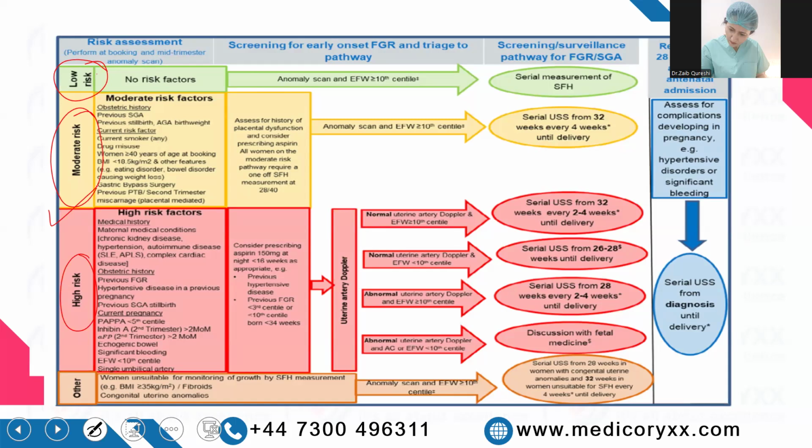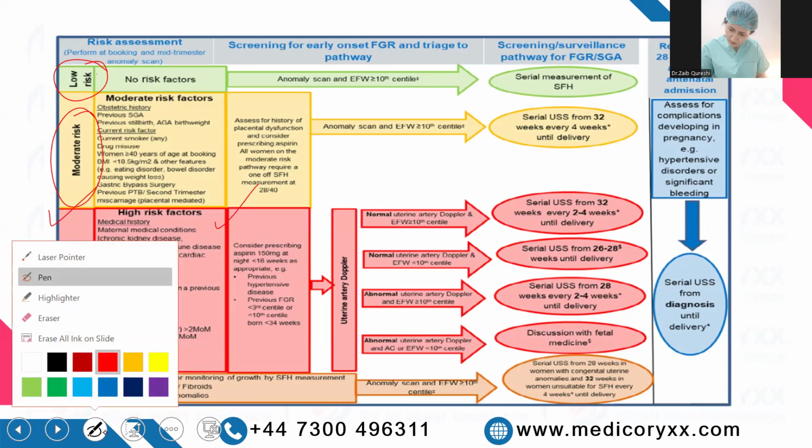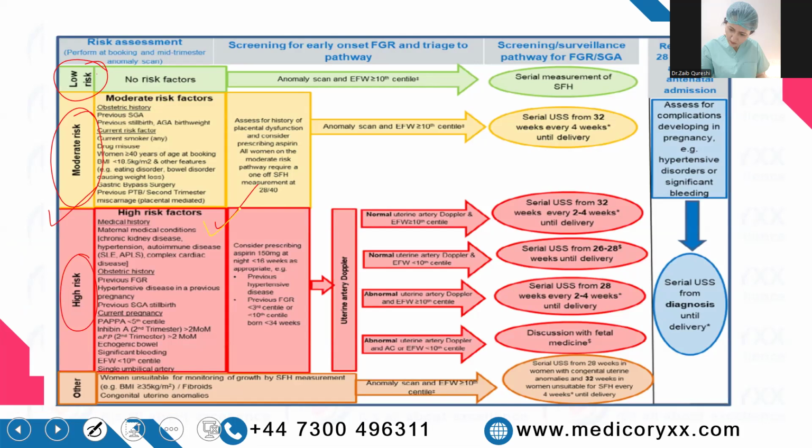Which mother is at high risk of development of SGA? Just imagine a patient as a whole. She is having a maternal medical condition: CKD, hypertension, autoimmune disease, SLE, APLA, complex cardiac diseases. This is one woman. Then obstetrical history: previous history of FGR, hypertensive diseases in the previous pregnancy. When we say hypertensive diseases, make sure that they include severe preeclampsia, toxemia along with HELLP syndrome.